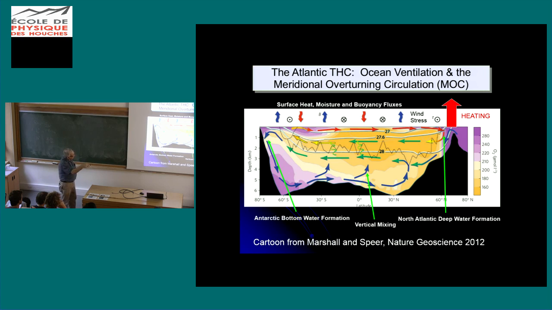Underlying this North Atlantic deepwater cell, there's an Antarctic bottom water cell in which deep water is forming along the coast of Antarctica, sinking into the abyss, flowing to the north. And it's the upwelling of the heaviest water in the ocean up into mid-levels, which is required to close the two-cell structure of the overturning circulation.